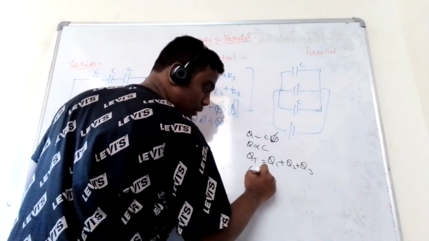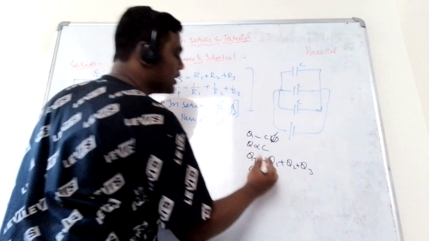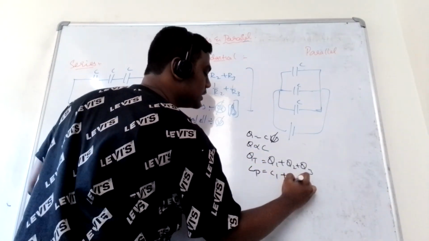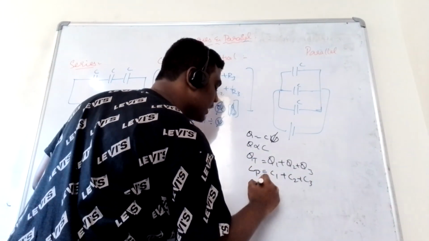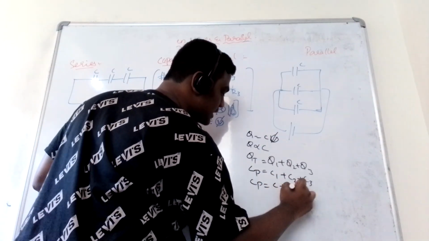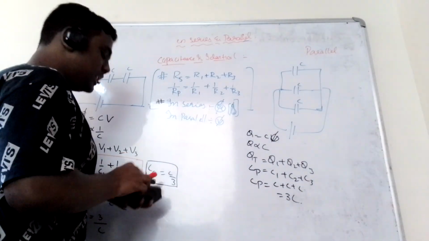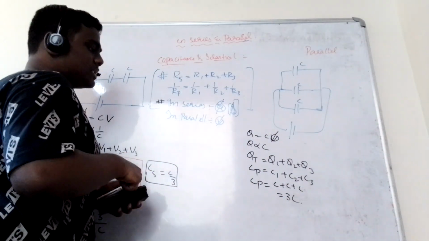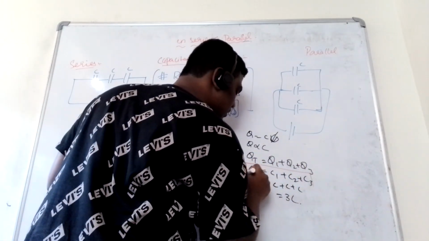So total capacitance in parallel is nothing but C1 plus C2 plus C3, or according to our given condition C plus C plus C, which is nothing but 3C. According to the given condition, identical capacitance, we have got 3C, otherwise this is the basic formula.